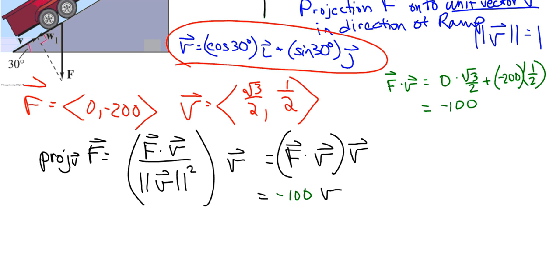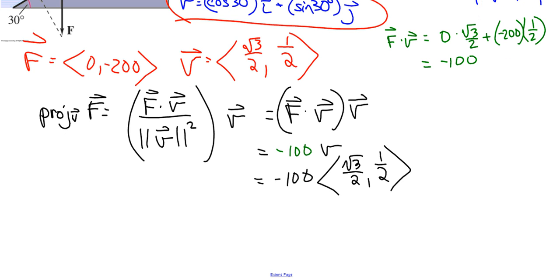I can either do the component form or the linear combination form. I'll start with the component form: negative 100 times <square root of 3 over 2, 1/2>.